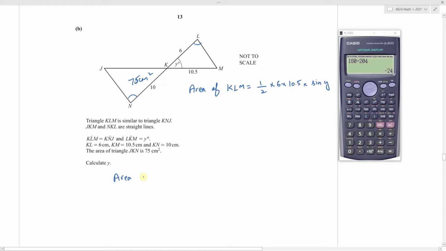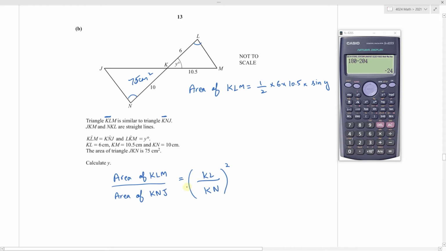So area of KLM, which is this triangle, divided by area of KNJ will be equal to the ratio of their two corresponding lengths squared. So now let's look at the two lengths that are given. So KL is given in here, and then the corresponding length is KN, which is also given here. So KL over KN squared.